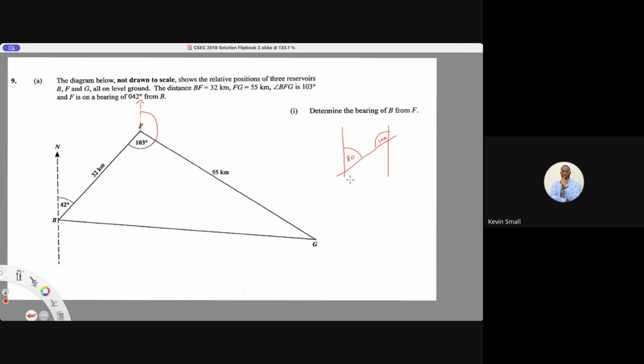So that is the hint that I would give you, because both these angles should add up to 180. But your goal is to find out the full angle going around here. That's the bearing of B from F, the full angle going around there.